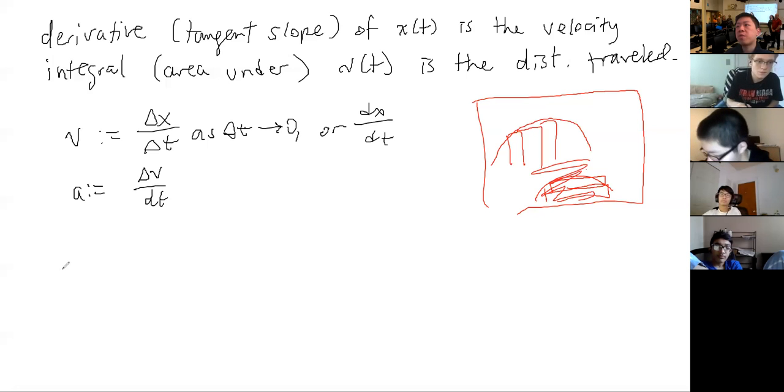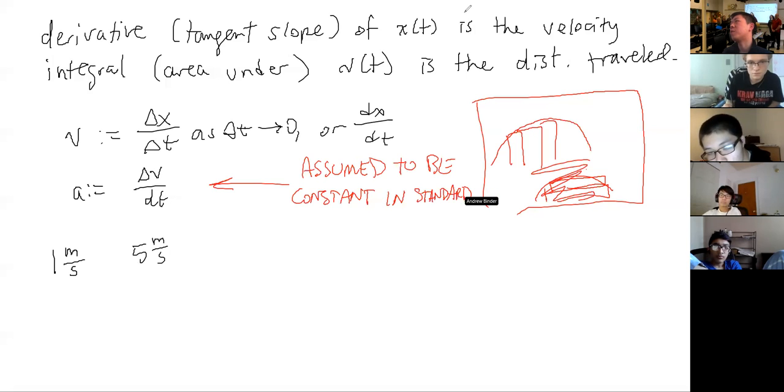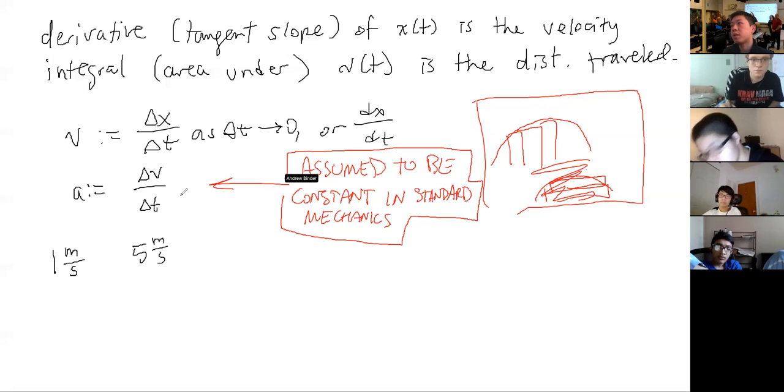If I am traveling at 1 meter per second, and 4 seconds later I'm traveling at 5 meters per second, that means I sped up. And if the acceleration was constant, then I would have sped up at 1 meter per second, right? So then I really said delta v over delta t. So we can also say that this is delta v over delta t as delta t approaches 0, in the same way that we said v is delta x over delta t, or dv/dt.